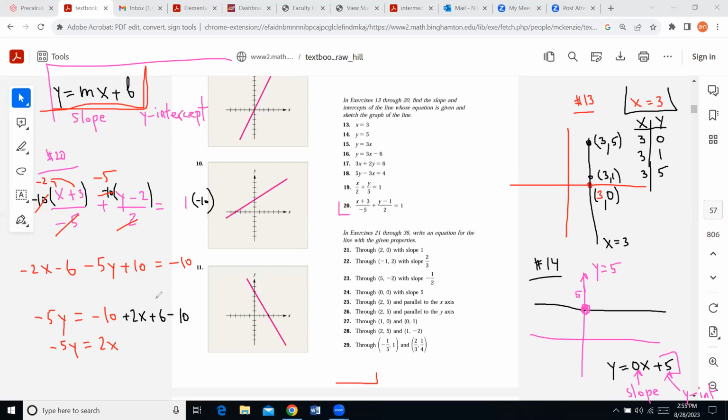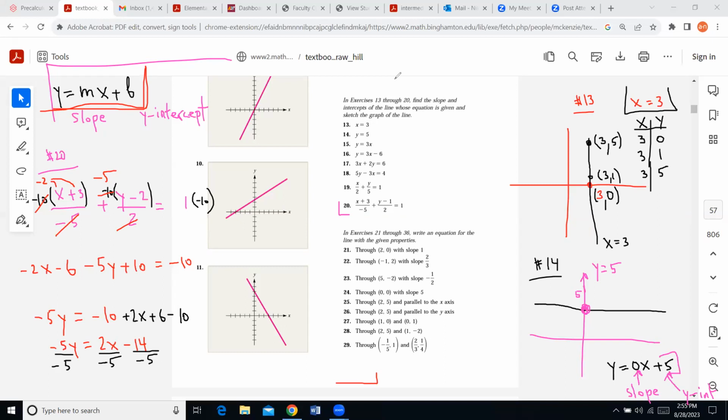So you have -10 is -20, and then 6 is -14, right? So it looks like it's a little bit better, just -5 needs to go away. So we're going to divide by -5 each entry of this equation.